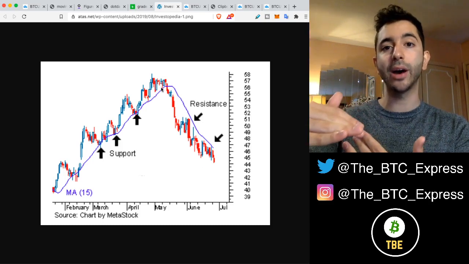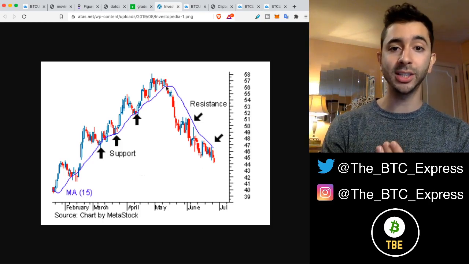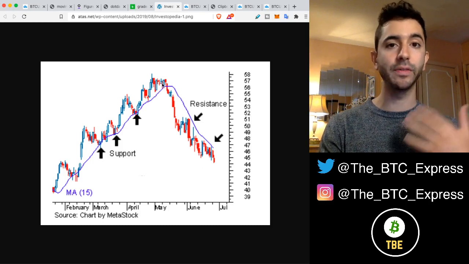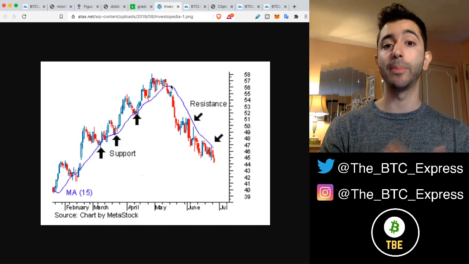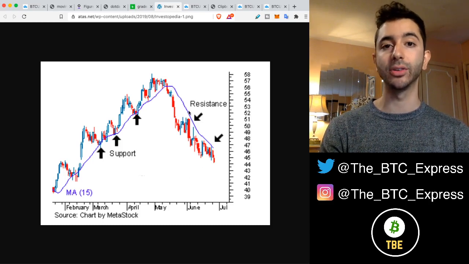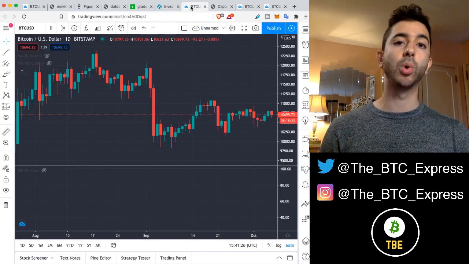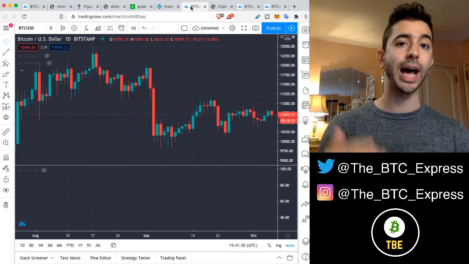And when it drops down, it'll hit the support level and then go back up. But as you can see, if someone were to buy at this top over here based off of this assumption, next thing you know, they would have been part of the downtrend, the resistance levels, and they would have lost a lot of money. So typically we'll see a lot more movement up and down, support and resistance, in shorter time periods.